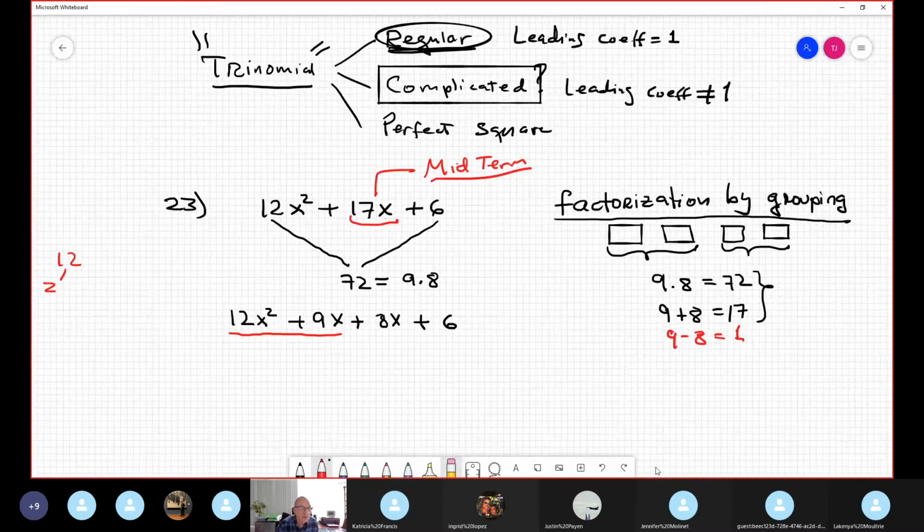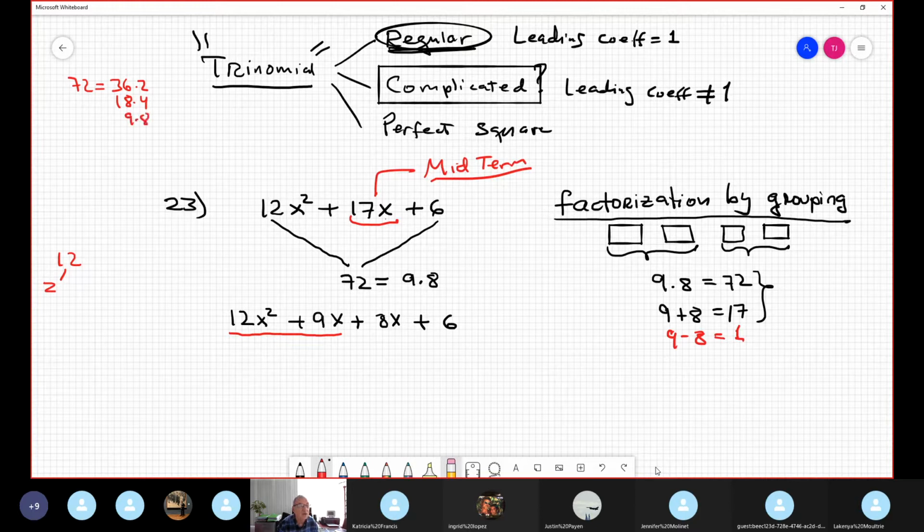Okay, 72, we have different factors. Well, 72 is divisible by 2, that is 36 times 2, no? 18 times 4. I continue with the calculator. 72 by 6, no? By 9 or by 8 is 9.